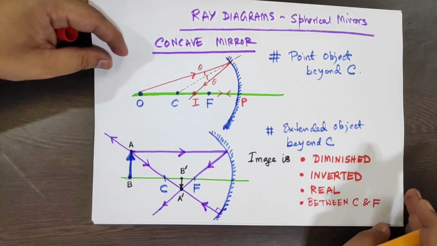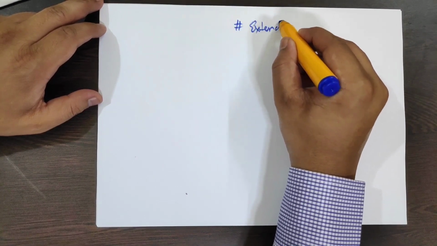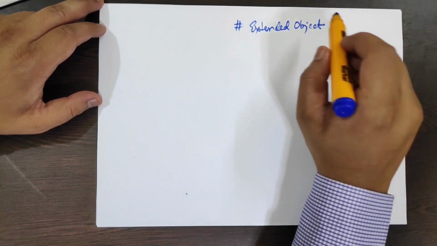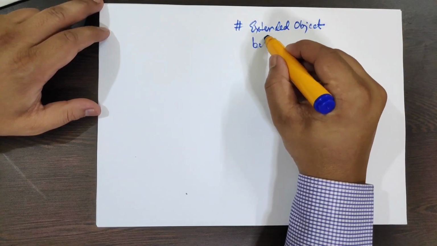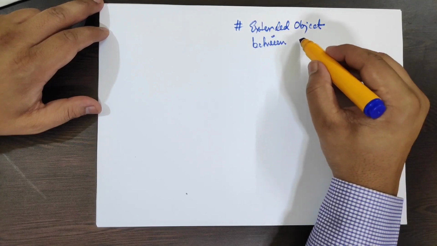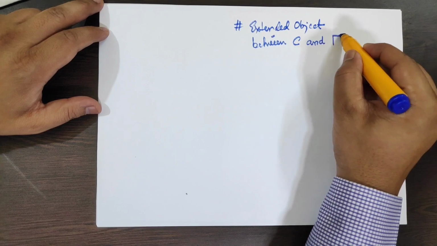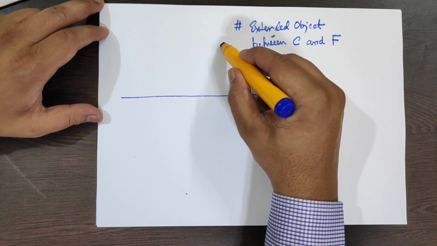Okay. Now next we will draw for an extended object. The last one was beyond C, now it will be between C and F. This is the principal axis.